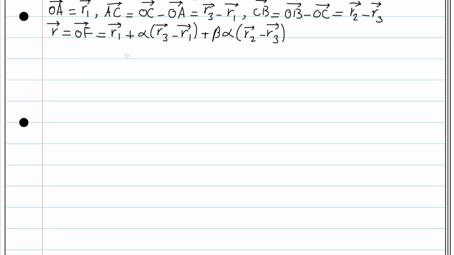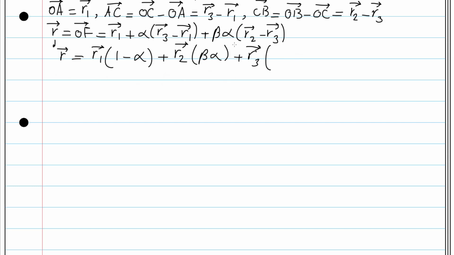So we can factor the vectors here and simplify R even more by factorizing the vector elements on the right hand side. So R equals R1 times (1 minus alpha) plus R2 times beta alpha plus R3 times (alpha minus beta alpha).